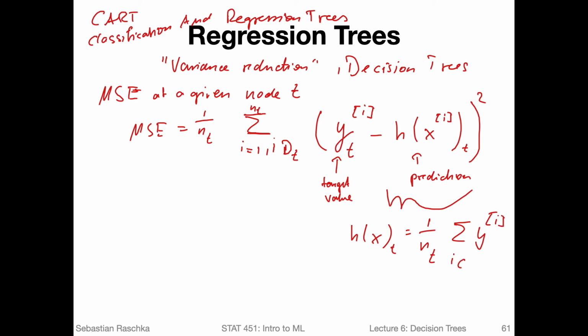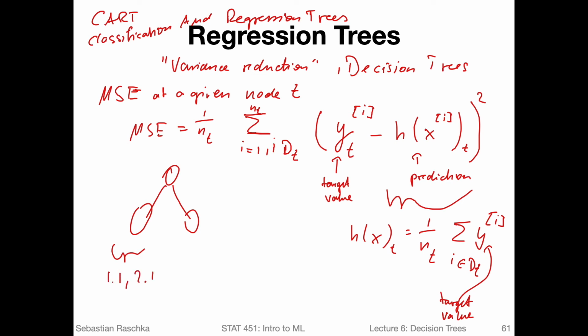This is analogous to doing majority voting. If we have a given node and we have different values, let's say 1.1, 2.2, 2.1, 3.2 and so forth, we would just compute the average here. This would be the average, and the average would be our prediction at that node.